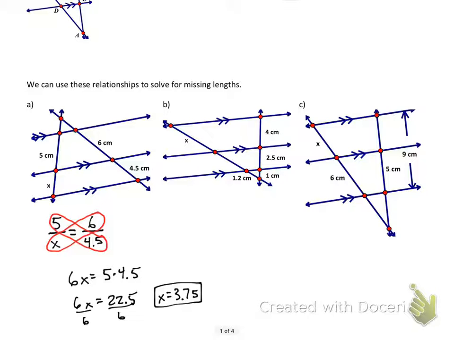Go ahead. 4 over 1. You can do 4 over 1. That works. 4 over 1 equals what? X over 1. Perfect.